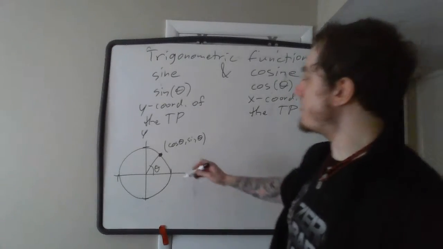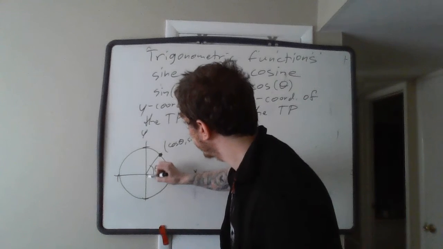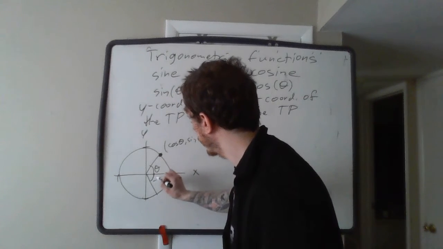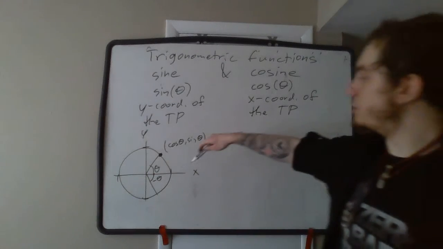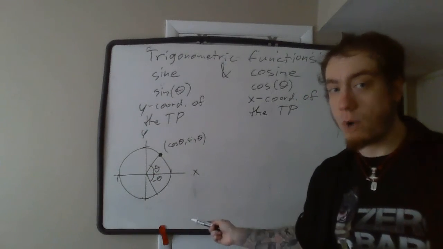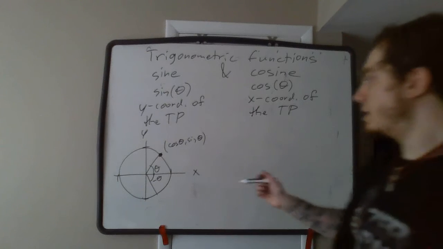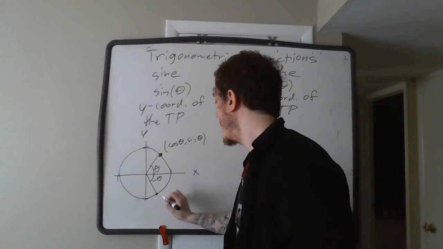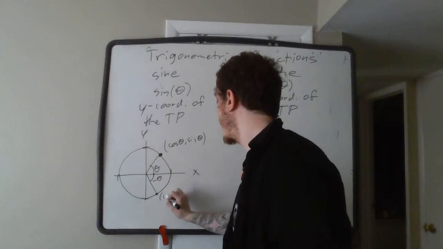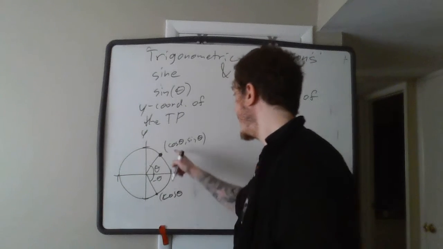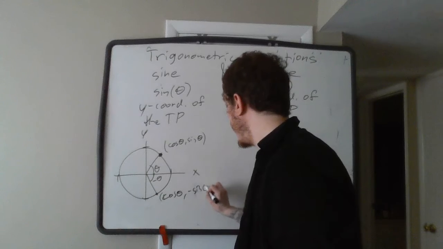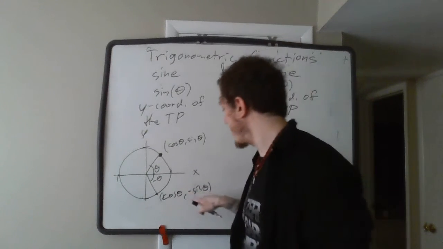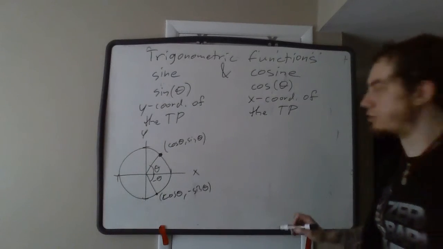If I were to go down to negative theta, remember, the negative angles just go backwards. They go clockwise instead of counterclockwise. So the coordinate down here is going to be cosine of theta. It has the same x coordinate, but it's the negative of the y coordinate. So we get negative sine of the original theta.